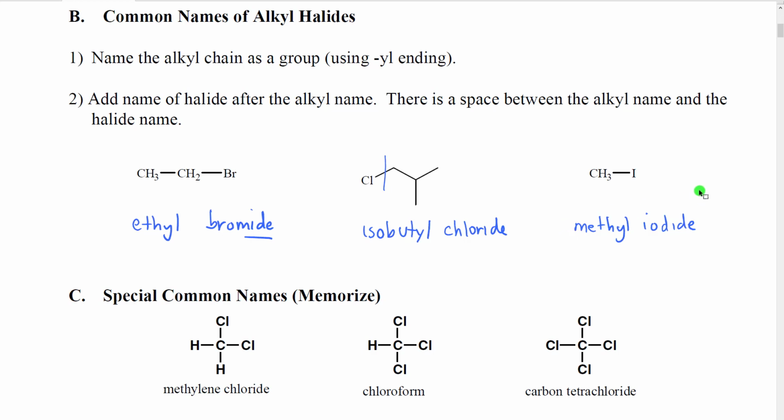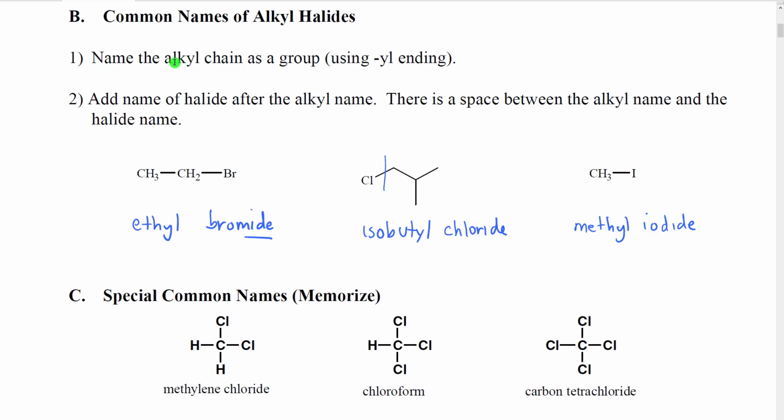There is a systematic common nomenclature of alkyl halides. This would be the older-fashioned way of naming these. In the systematic common nomenclature, we look at the alkyl halide as having a carbon chain attached to the halogen.